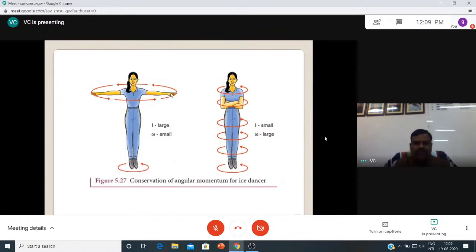Angular momentum is I omega, linear momentum is mv. In one case I is very large and omega is small. In the other case I is very small, the area or volume of it, and omega is very large. This is the best example of conservation of momentum.